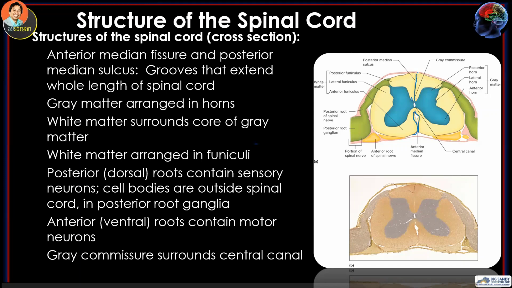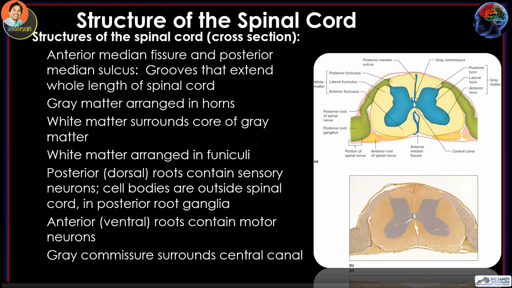On the dorsal or posterior area, there is a sulcus, called the posterior sulcus, while in the ventral or anterior area, it has a fissure. It will divide the spinal cord into left and right sides.